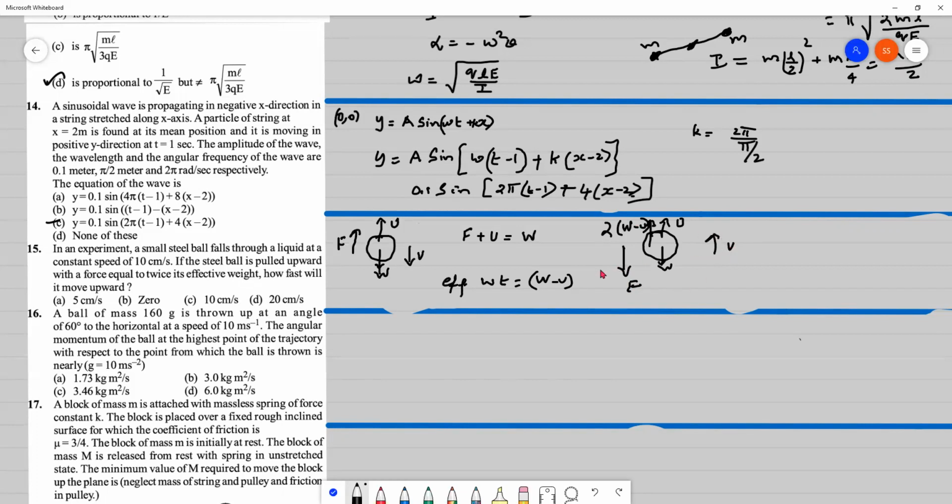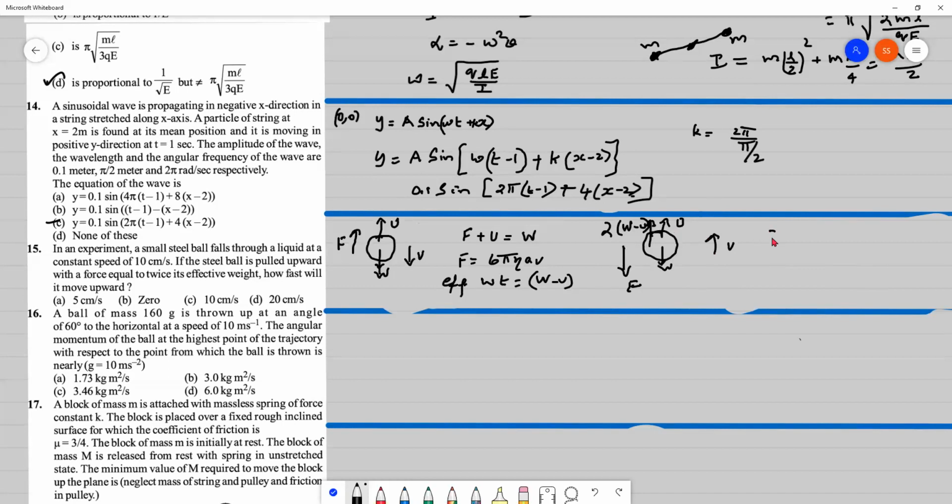Here in equilibrium, F should be equal to the viscous force, which is 6 pi eta AV. Here F is equal to W minus U. So let us find what is F here.